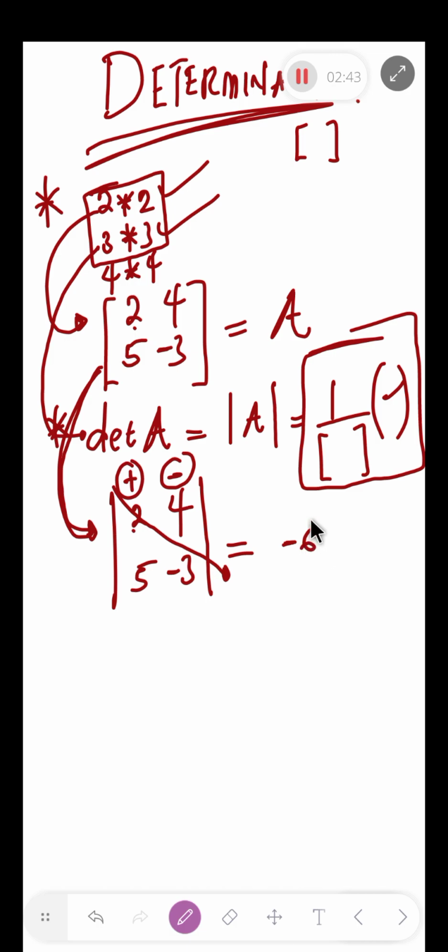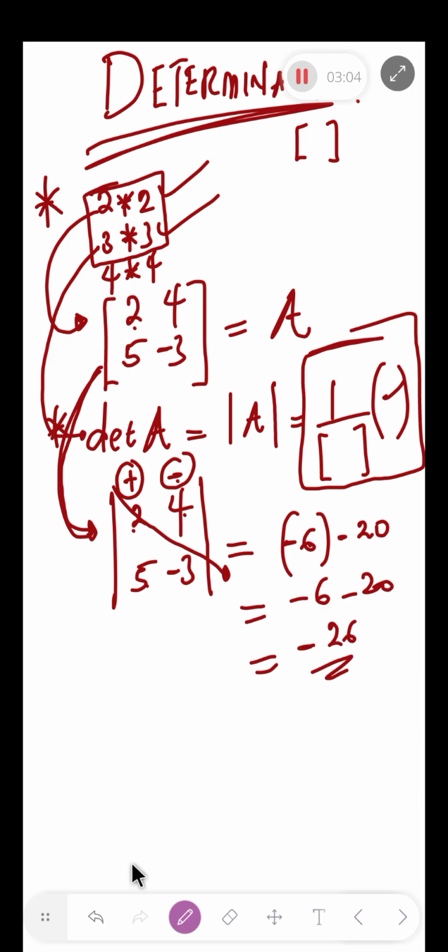Then minus 4 times 5, and that's minus 20. So the last thing we need now is to write out minus 6, then minus 20, and that's minus 26. So the determinant of this matrix is minus 26.